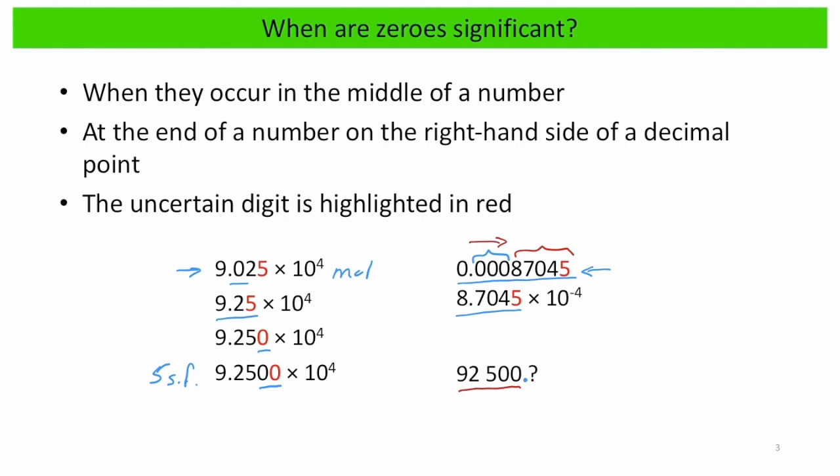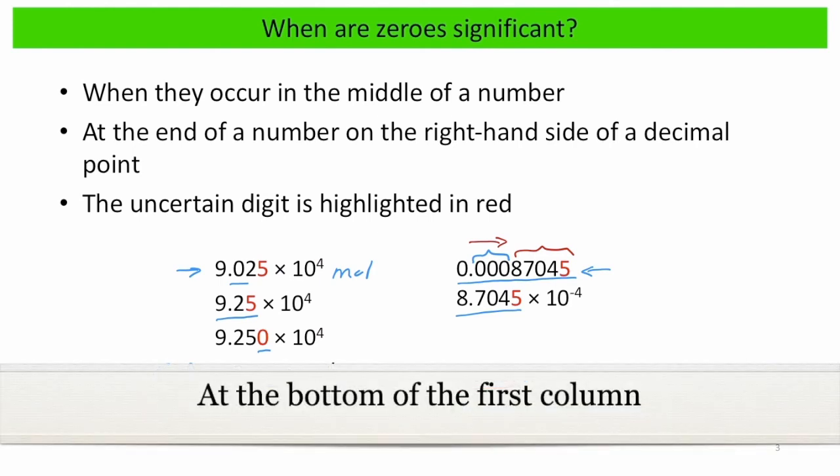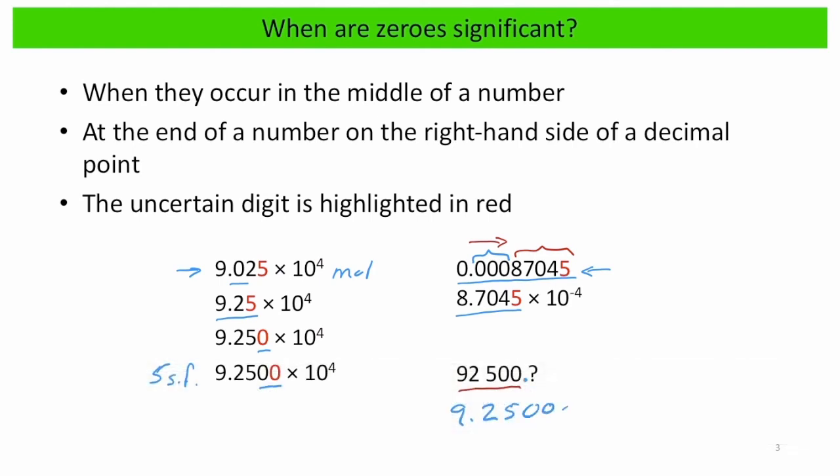That's not as commonly done as the other method, which would be to write that in scientific notation, which would be the same as the first number at the top, 9.2500 times 10 to the 4. Okay, so that's how you would write that number in scientific notation, and then that would tell you for sure which numbers are significant. In this case, we're going to say they're all significant.